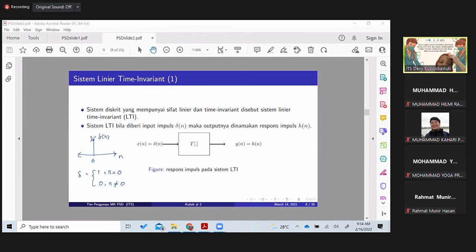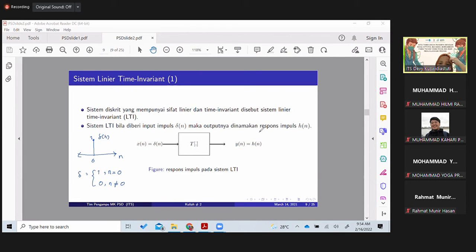And this unit impulse here is an identity function in this linear time invariant system, which means that if you make this unit impulse an input to a certain system, the output would describe the system itself.